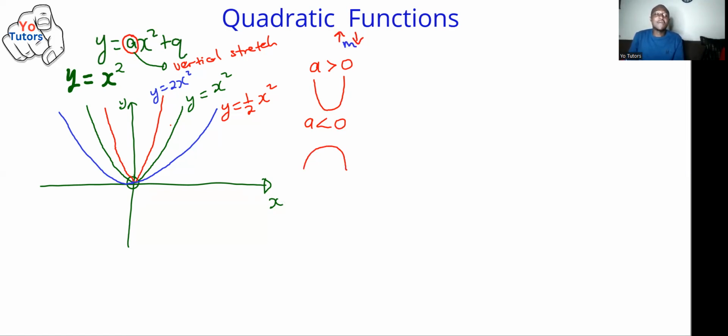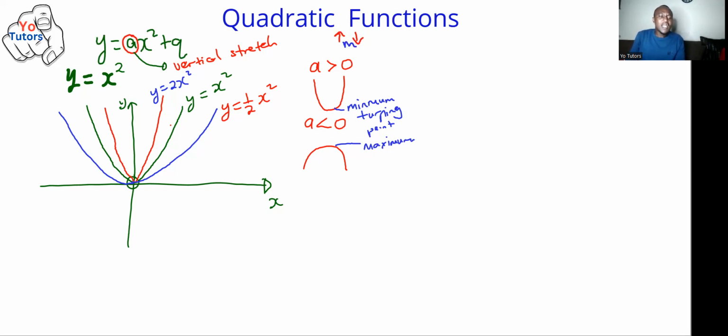So what is happening here is that this will have what you call a minimum turning point. Then when a is below 0, it's negative, it means that it will have a maximum turning point. Okay, that's what we need to know there.